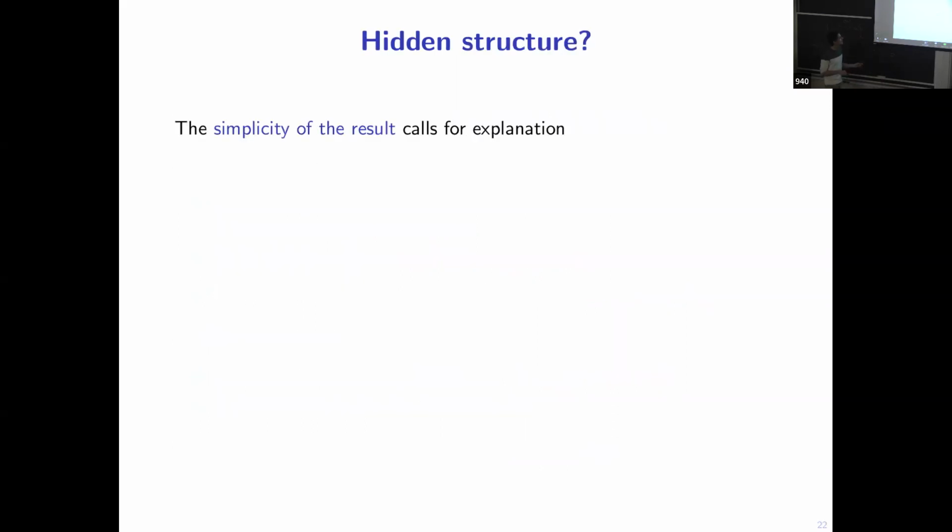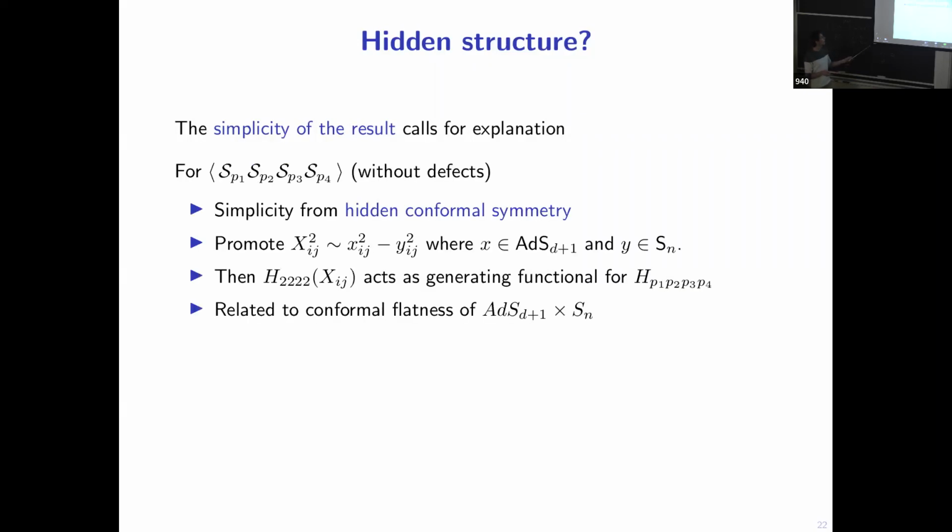And then again, the result is very simple for the 4-point function of chiral-primary operators without defects. This was explained by hidden conformal symmetry. What this means basically is that instead of considering the space-time distances, you consider space-time distances minus some distances that live in some sphere. In this case it would be AdS5 times S5. And then you define this type of 10-dimensional distance.